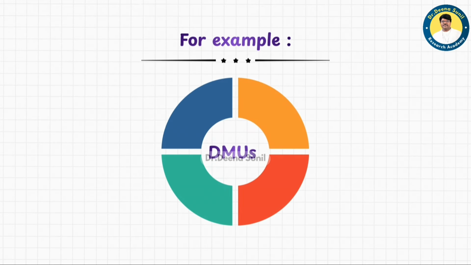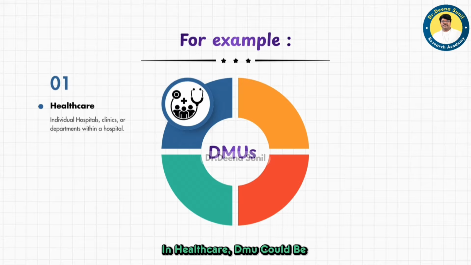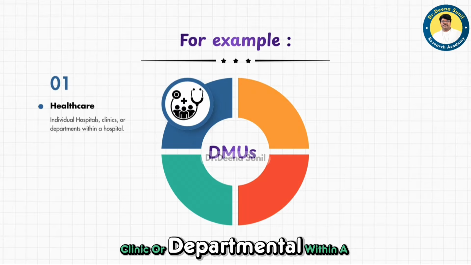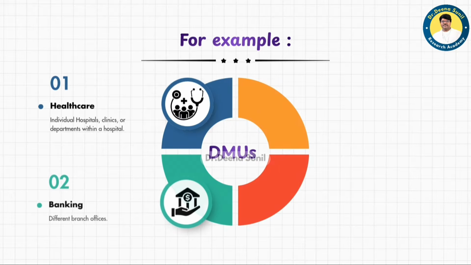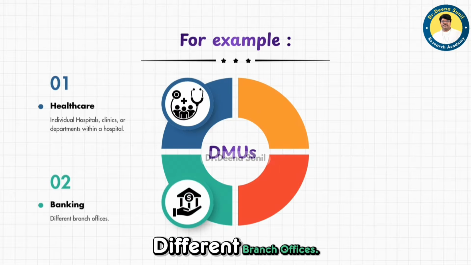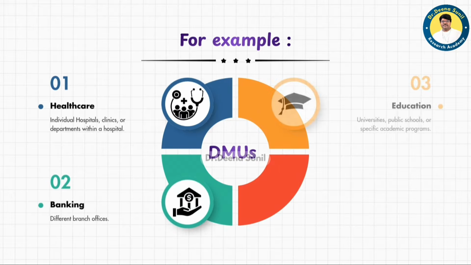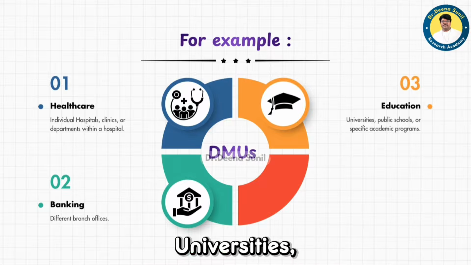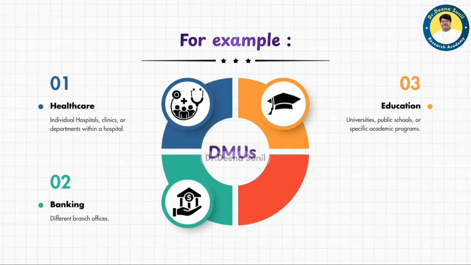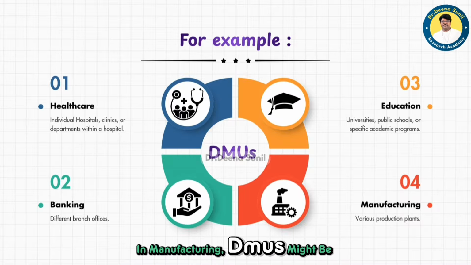For example, in healthcare, a DMU could be an individual hospital, clinic, or department within a hospital. In banking, a DMU might be different branch offices. In education, there could be universities, public schools, or specific academic programs. In manufacturing, DMUs might be various production plants.